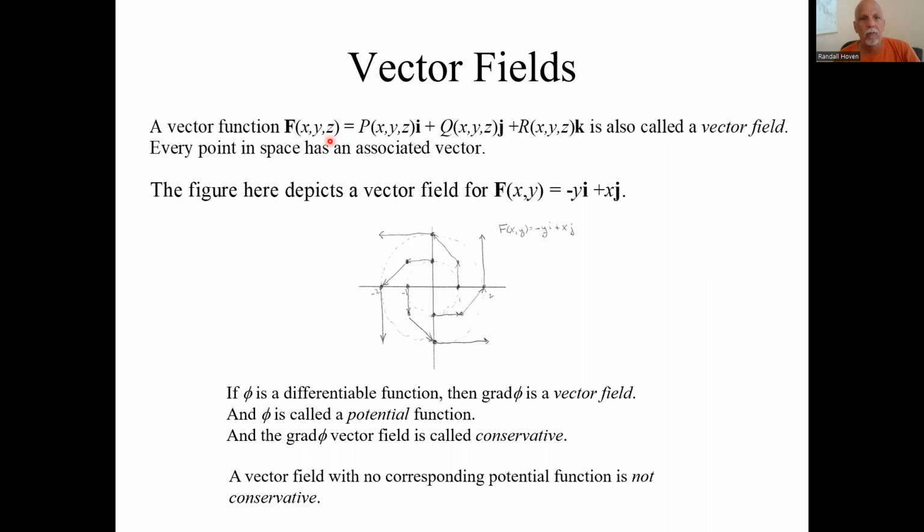Here would be a vector field. This big F is a vector function of x, y, and z coordinates, where each component is itself a function of x, y, and z coordinates. This means for every point in three-dimensional space, there's a vector associated with it.